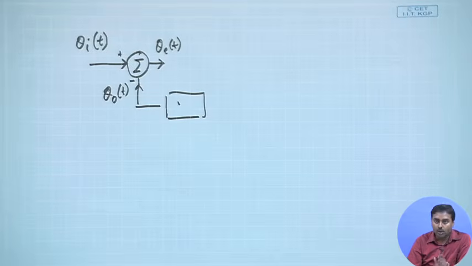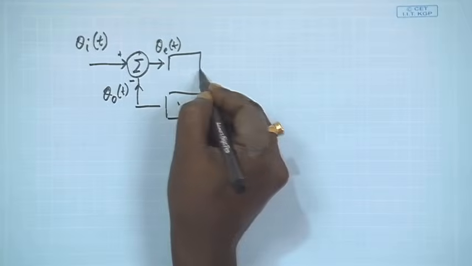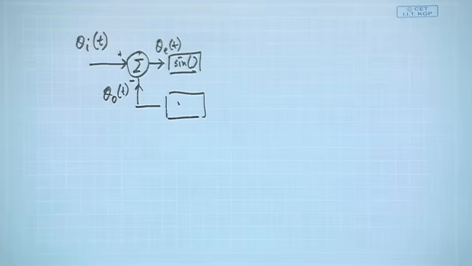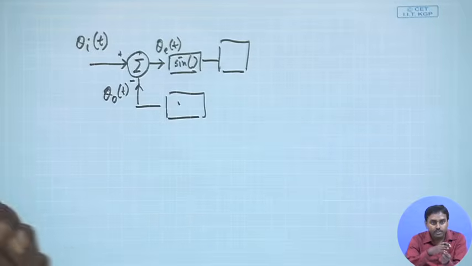But what I have inside before the loop filter is sine of that, right. So I pass it through a sine converter. This will just take that phase and convert it into sine. Then I get exactly what should be the input of that loop filter.